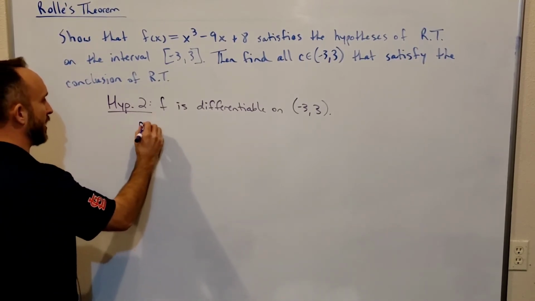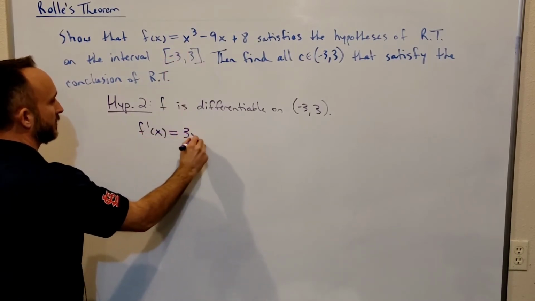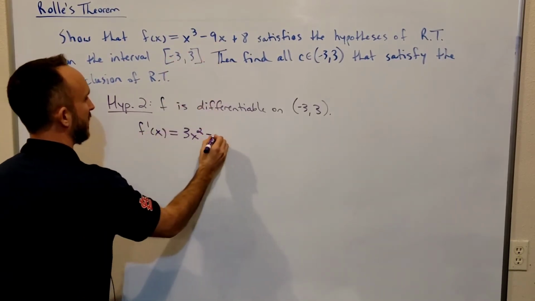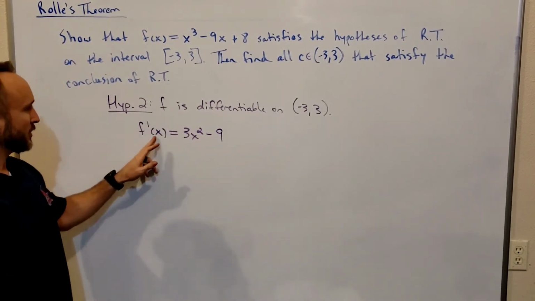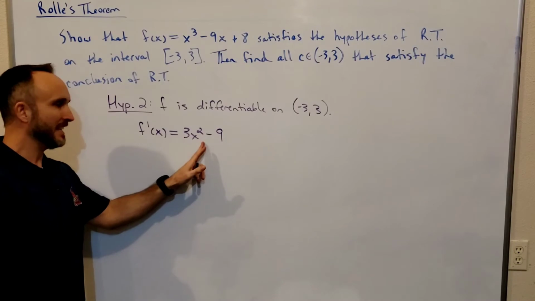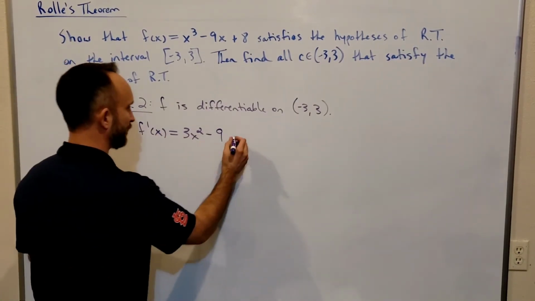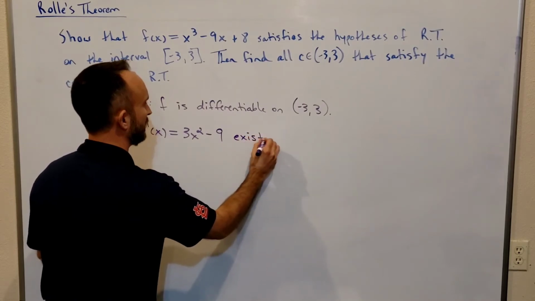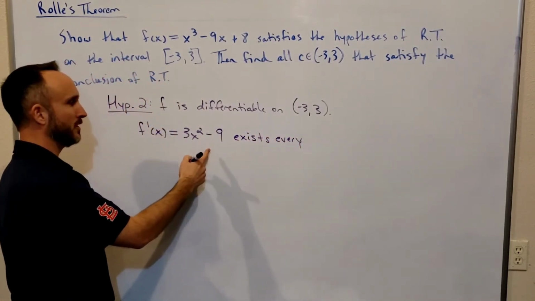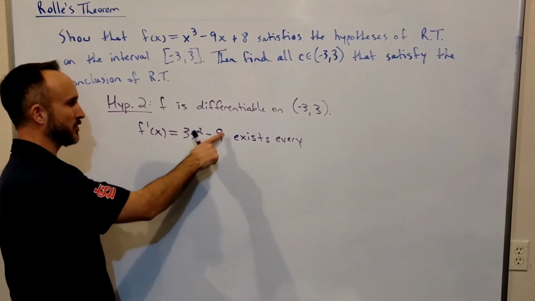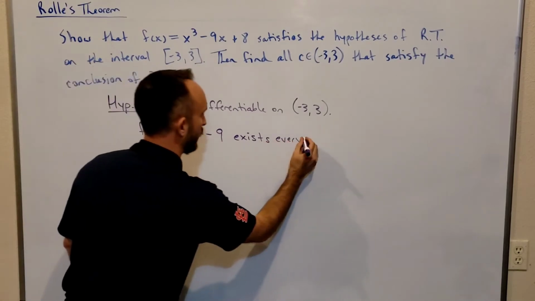So f prime of x equals 3x squared minus 9. And you can see that the derivative here is a polynomial also. So this derivative exists everywhere. You can calculate this value no matter what x is. There's no restrictions on this calculation. So f prime of x exists everywhere.